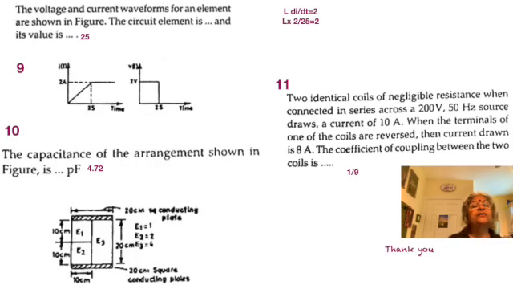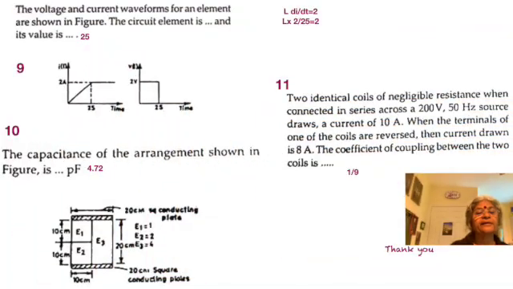So definitely this is true for L di by dt. Okay, so with so much inference, let's read the voltage and current waveforms for an element as shown in the figure. The circuit element is what? Obviously it is going to be L di by dt, equal to VL. Okay, so we have di by dt equal to 2 by 25, and so if you multiply there, you should get 2. So you see that L is equal to 25 Henry.